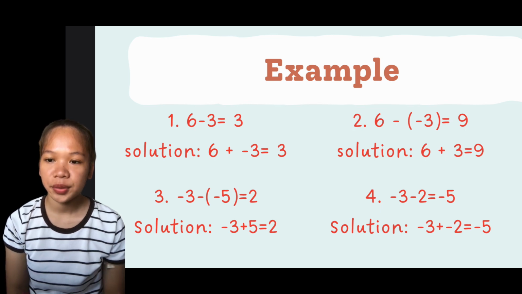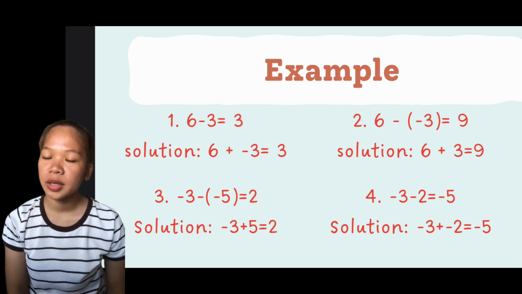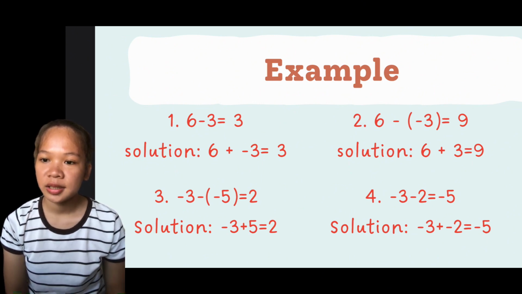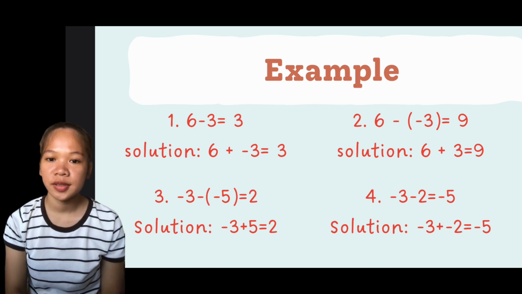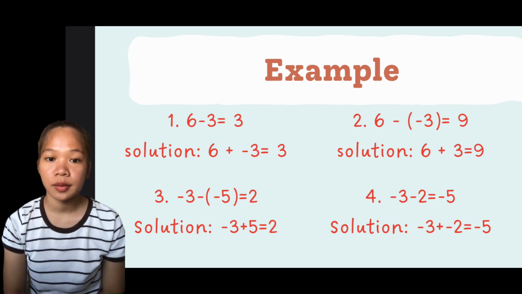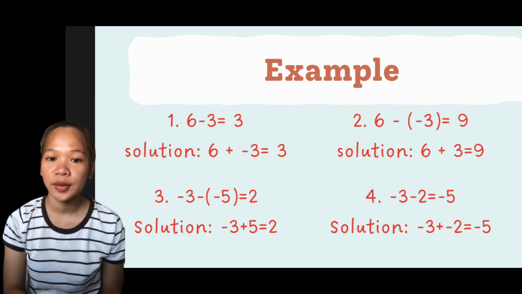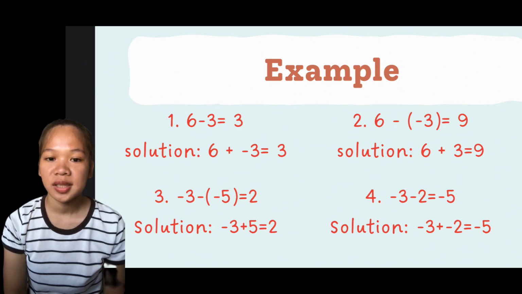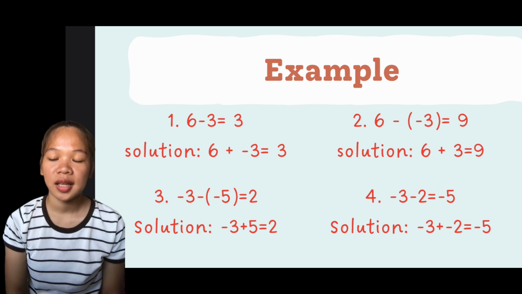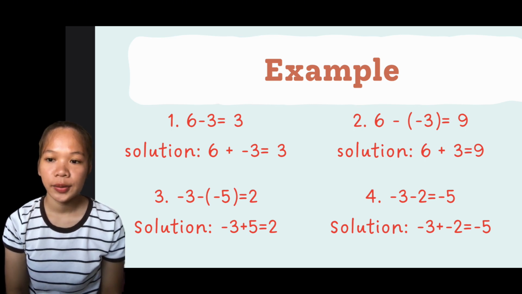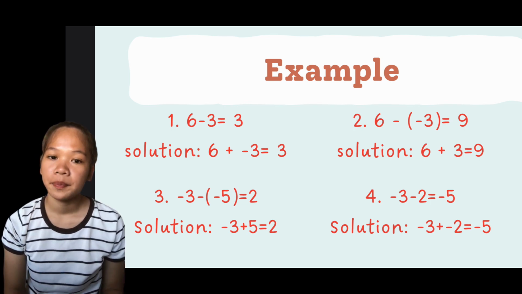And then sa number 2, meron din tayong example dito. The positive 6 minus negative 3. So, makikita nyo rin merong solution sa baba. So, papabayaan lang natin yung pinakaunang integer which is ang positive 6. So, positive 6 lang talaga siya. And then, yung minus is we're going to replace it with the opposite which is ang plus.